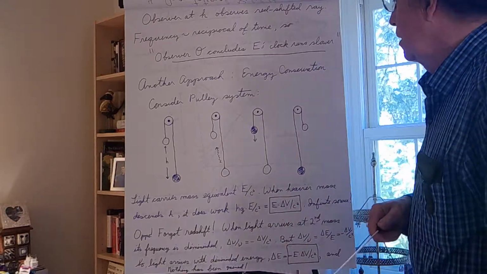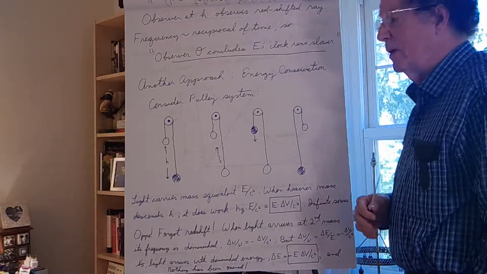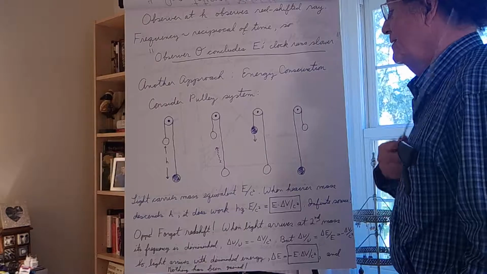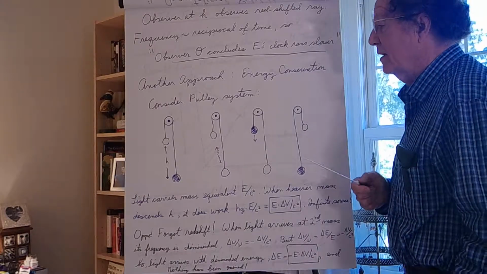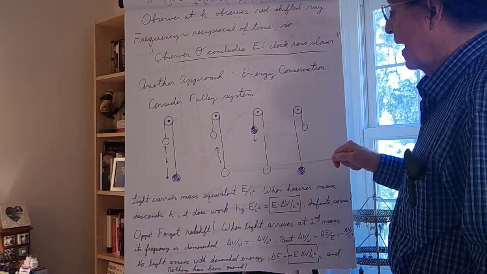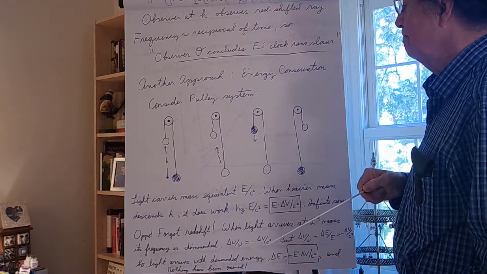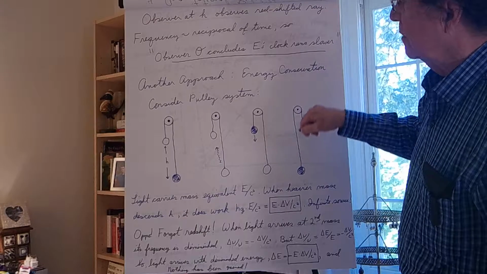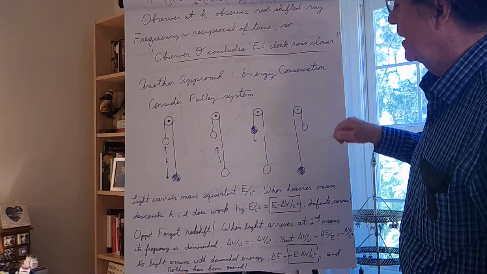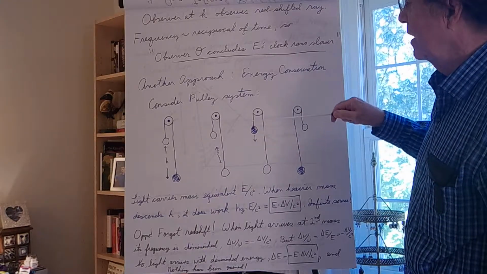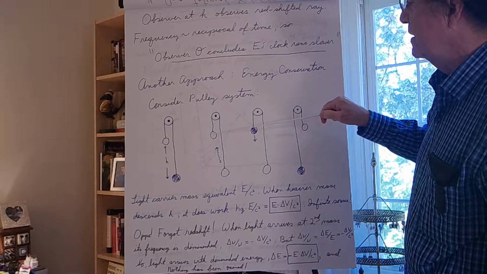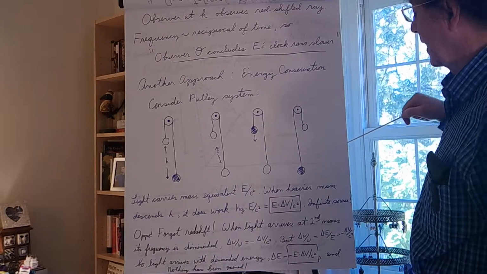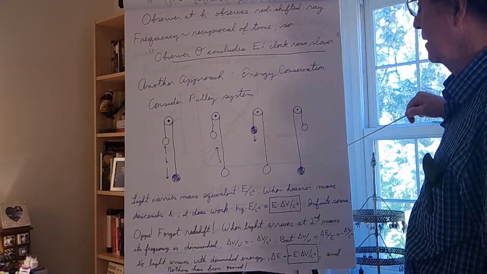Well, just thinking in terms of special relativity, what would happen? The light ray, of course, carries energy, and energy has a mass equivalent. So he's effectively transferring mass from here up to here. So if things were in equilibrium in the original picture, and then he shoots the mass from here to here, then we're out of equilibrium. And this side is heavier, and it gets pulled down. Okay, and so we end up with a situation like this.